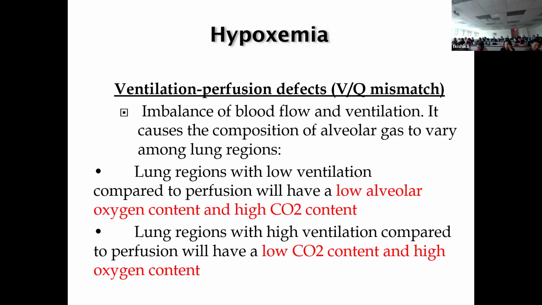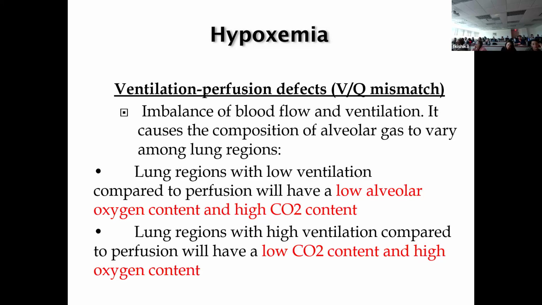Okay. Lung regions with high ventilation compared to perfusion will have low CO2 content and high oxygen content, which makes sense because you have more ventilation, you're blowing off more CO2. Yes. Okay. Which area of the lungs is more ventilation rich? Which area of the lungs is more ventilation poor?